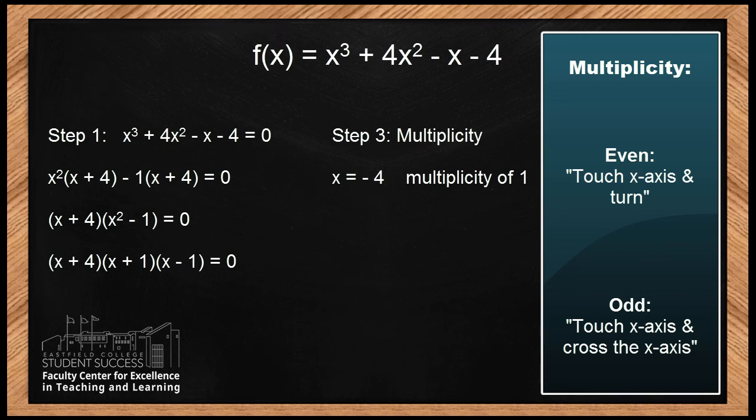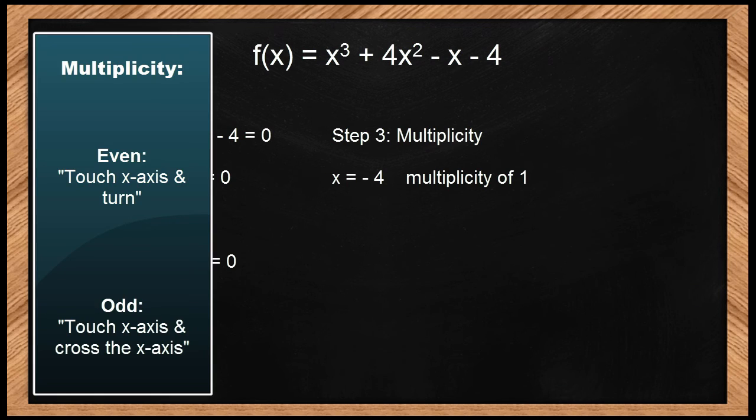When the multiplicity is even, the graph will touch the x-axis, but will not cross. So we'll say touch and turn. Now going back to our problem, for x equals -4, multiplicity is 1. 1 is an odd number. So hence, we have an odd multiplicity. When the multiplicity is odd, the graph will touch and cross the x-axis.